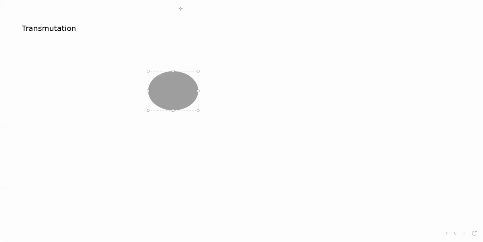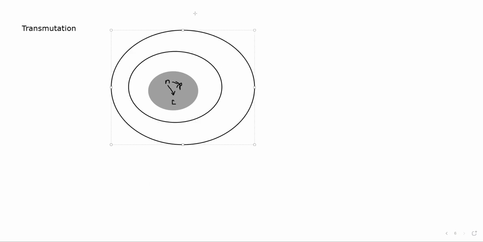What is basically a transmutation? Look, a neutron breaks into a proton and an electron. The proton remains inside the nucleus. So the number of protons increases because of this breakdown of a neutron into a proton and an electron. Example, I'm just taking a small number of electrons to explain the idea.